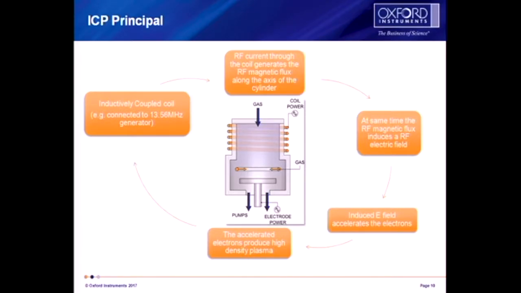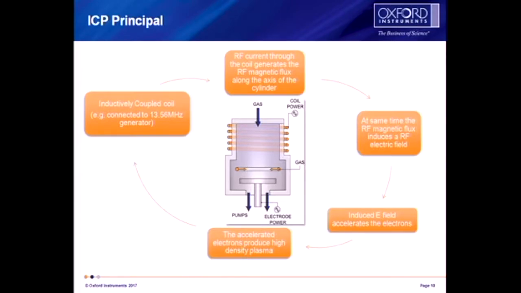ICP is inductively coupled power. Just like with the previous system, you have a vacuum chamber into which you flow a gas, a heated bottom electrode, and pumps attached to the system to pump all the gases through and out. The main difference between the systems is the way that the plasma is produced.